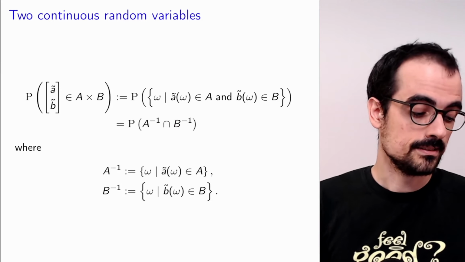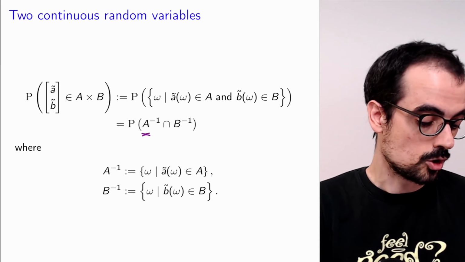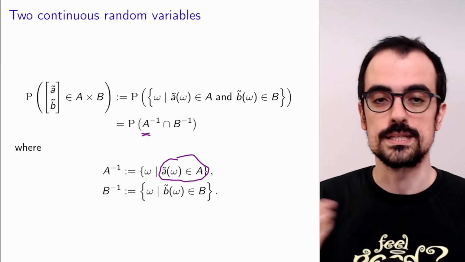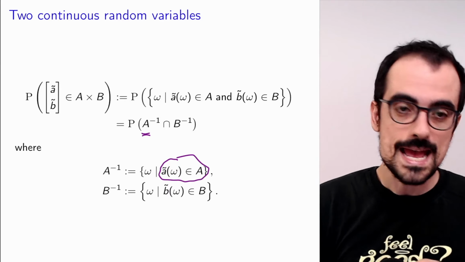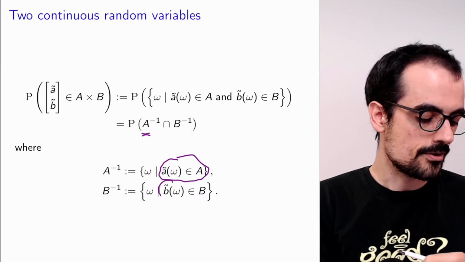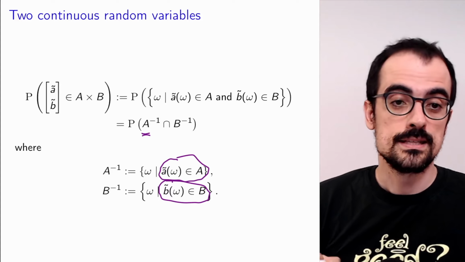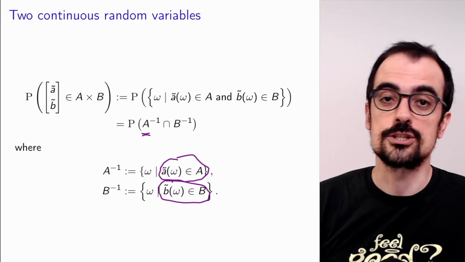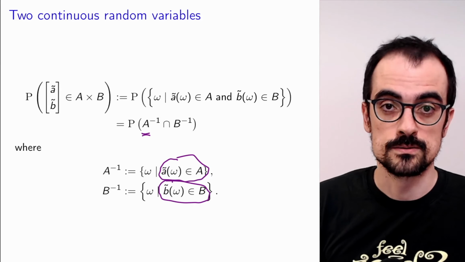This is just the intersection between these two events, the events of all the outcomes that map to one of the intervals through A, and this other event that maps through B to the other interval. The intersection must belong to the collection. It must be assigned a probability if those two random variables are valid continuous random variables.